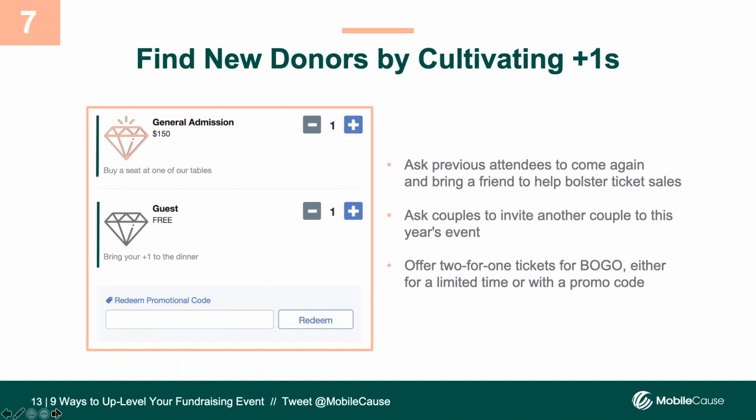I know how important it is for a nonprofit to have the opportunity to cultivate a relationship with the plus ones. Oftentimes, you'll have the contact information for the individual purchasing the tickets, but little or nothing about the actual guests they're bringing. And this is why I recommend, and I also have several clients that do this on their ticketing forms, to add an option to provide the names of their guests along with capturing their email addresses, possibly even a phone number, and along with food preferences and things like that.